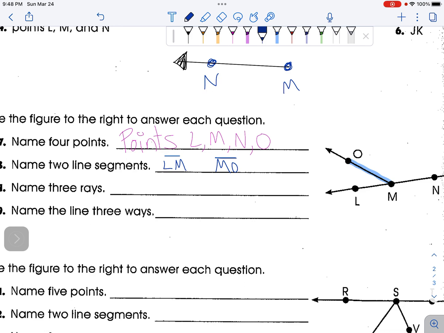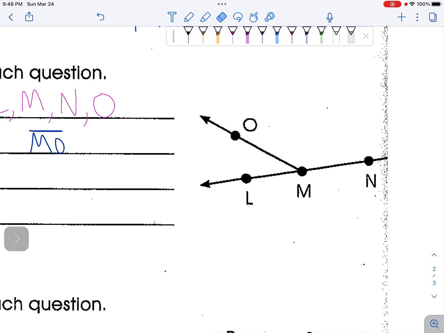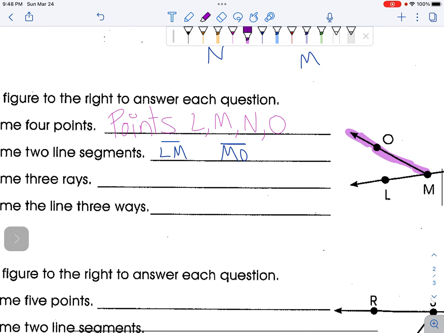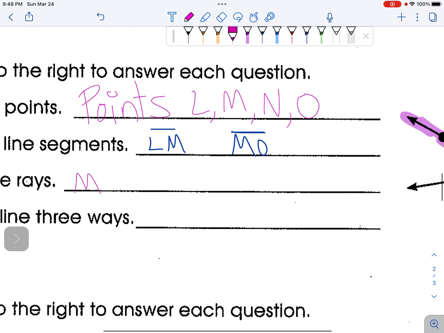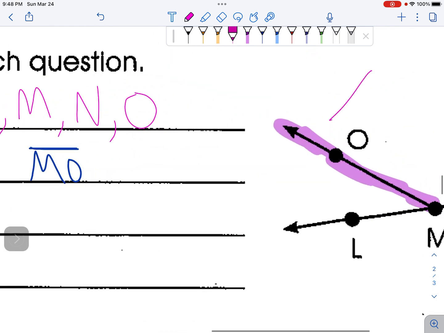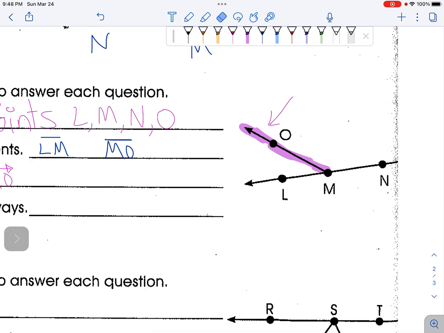There are more. Then it says name 3 rays. This one's tricky because it got cut off a little bit, so you kind of have to imagine where the other one is. So here's an arrow. It goes through O and M. So I can call this ray MO. So how is ray MO different than line segment MO? Because ray MO includes this part and forever, whereas line segment MO was just the space in between the M and the O. So that is a ray, but so is here.